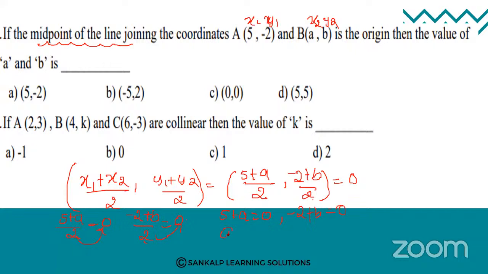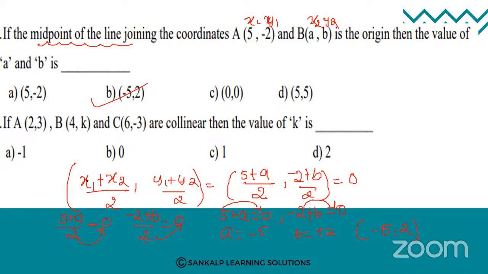That means a is equal to minus 5, and transferring minus 2 to this side, b is equal to plus 2. That means the coordinates are minus 5 and plus 2. Where is the minus 5 and plus 2 option? Option B. Therefore, option B is right.